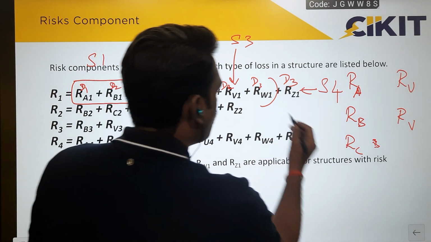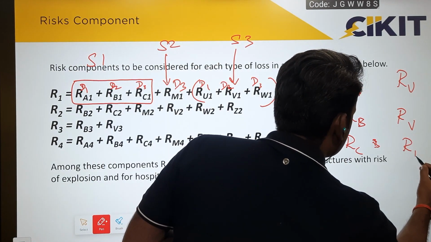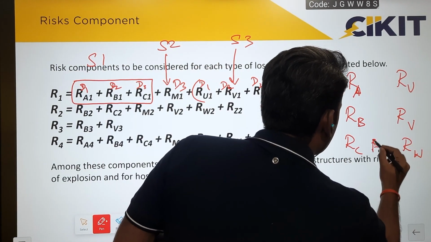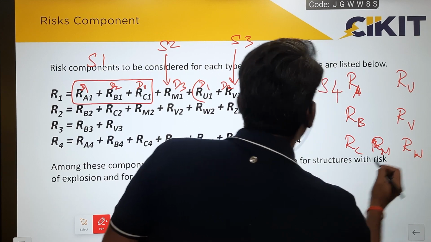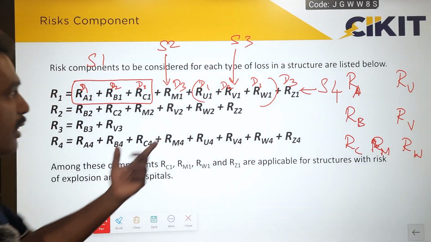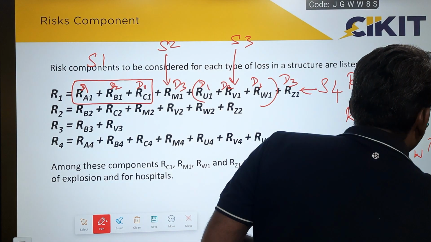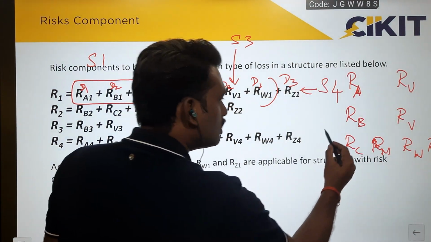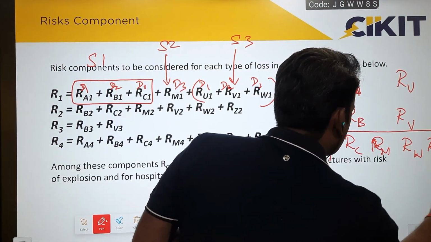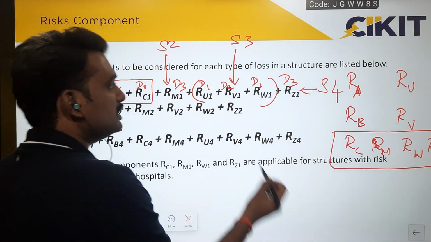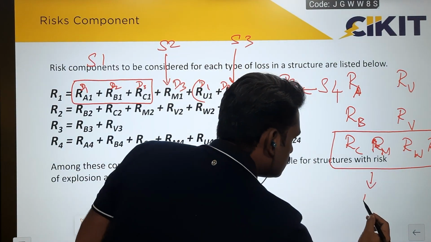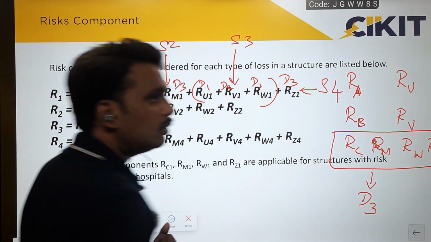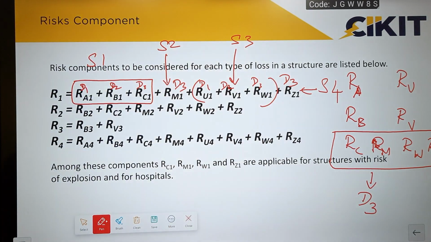And RC and RW are the same group. In between, RM is also due to damage D3. And the fourth one, RZ. RC, RM, RW, RZ are mainly due to damage D3. D3 is failure of electrical and electronic equipment.